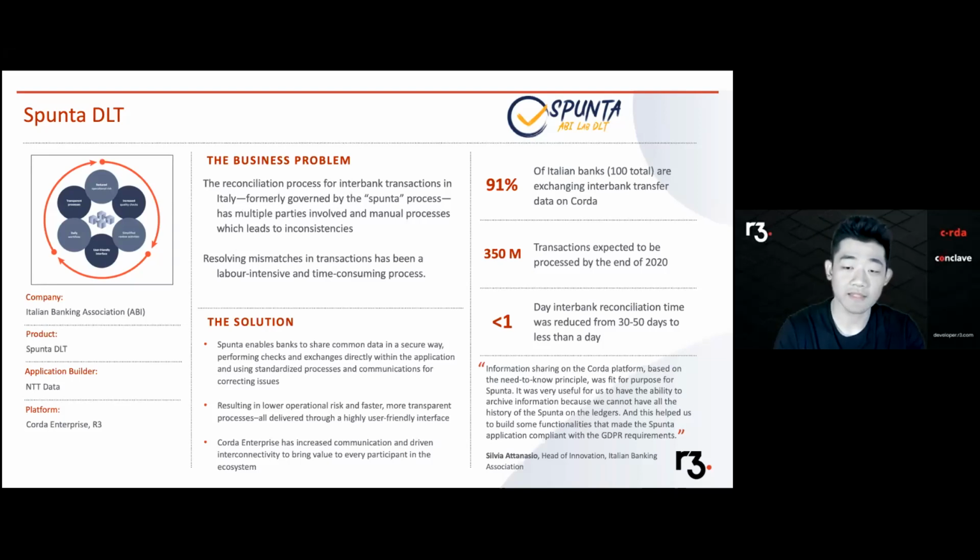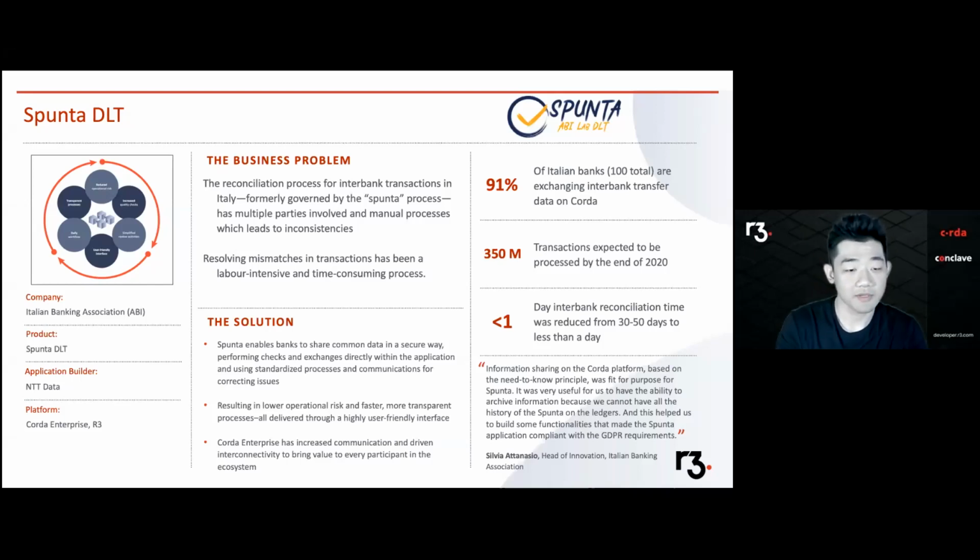So why are they all joining the Corda platform? Because in their business, there's a problem with internal settlement. The business problem is the reconciliation process of interbank transactions in Italy, formerly governed by the Spunta process, which has multiple parties involved and a manual process which leads to inconsistency. There can be human errors, or there can be files that are pending approval, etc.